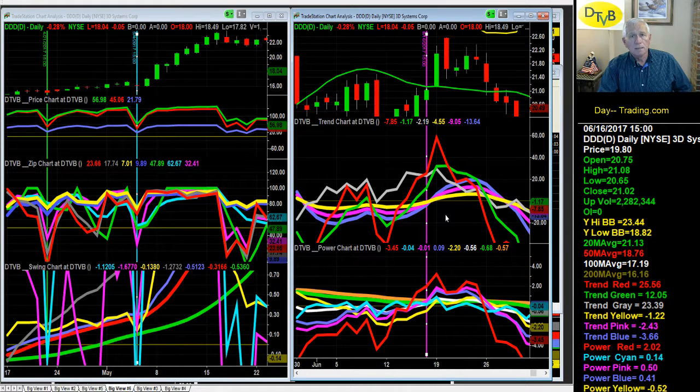It's amazing. But all you need to do is learn how to read them, because you don't have to be inconsistent trading. You don't have to lose money trading stocks. Within the power of the eyeglasses of the DTVB system, you can see what's going on and make reasonable or large profits trading.